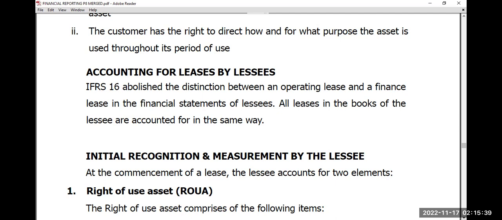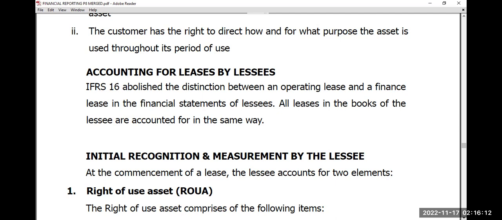When you have leased the asset, it means you have not actually bought the asset, but you have just acquired the right to use that asset for a given period of time. So how are we going to account for these assets that we have acquired under a lease arrangement?